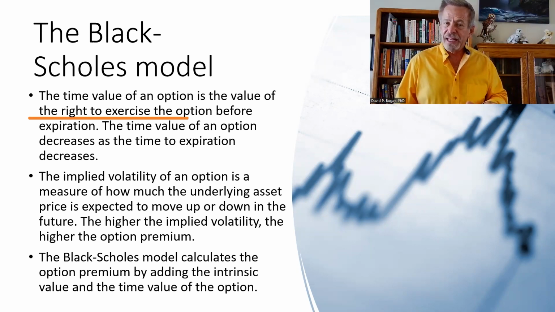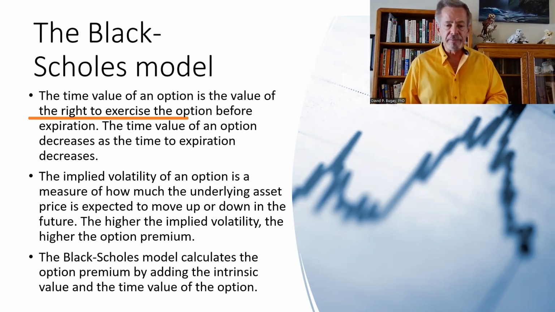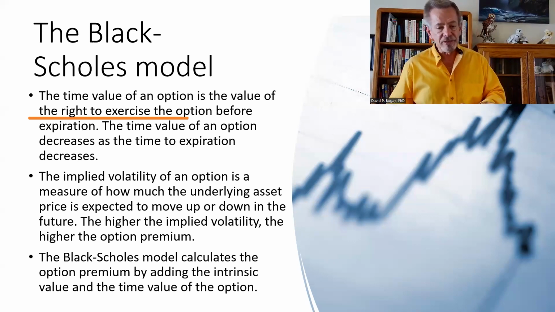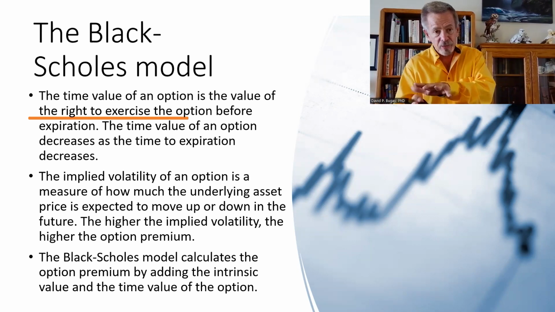You can gather that from what the world is doing, what that company is doing, and what the stock has been doing recently. The higher the implied volatility, the higher the option premium. So the model calculates the premium by combining the intrinsic value and the time value, and of course, it's going to change as you get closer to the expiration date.